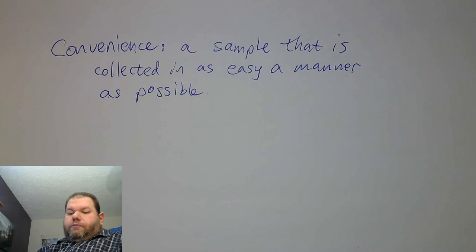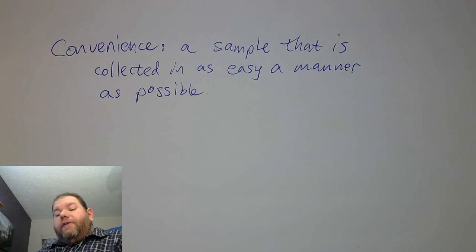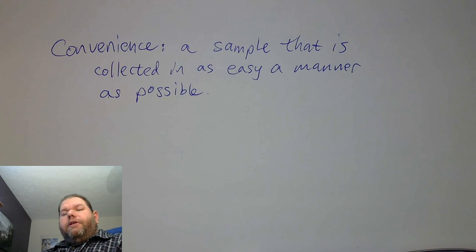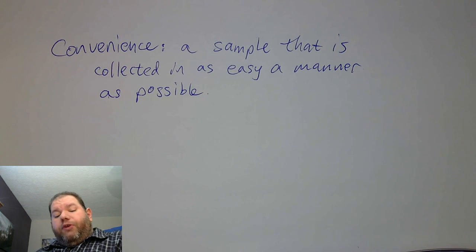So, when we say as easy a manner as possible, there are multiple ways we can collect a convenience sample. One, we could send out a survey to every single household in Midland, Texas, and just whichever surveys are returned, those are the ones that we'll base our results on.